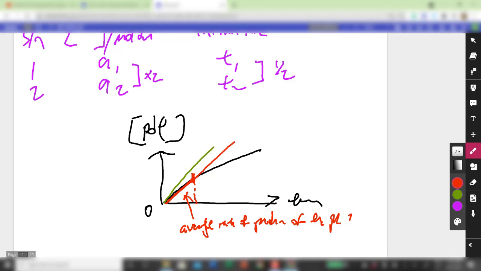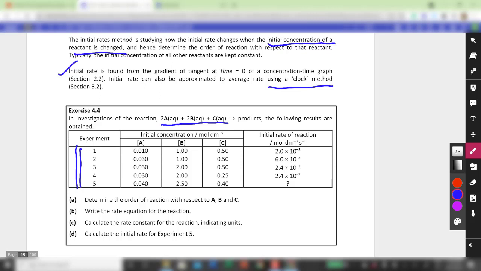Okay, I have an example to show you from a YouTube channel. So later I'm just going to play the video so that you have a clearer picture of what exactly a clock reaction is. But just keep this in mind, at the back of your mind. So there are two different methods. Of course, one is faster than the other. The concentration time graph, of course, is more accurate, so-called, because you are really getting the instantaneous rate.